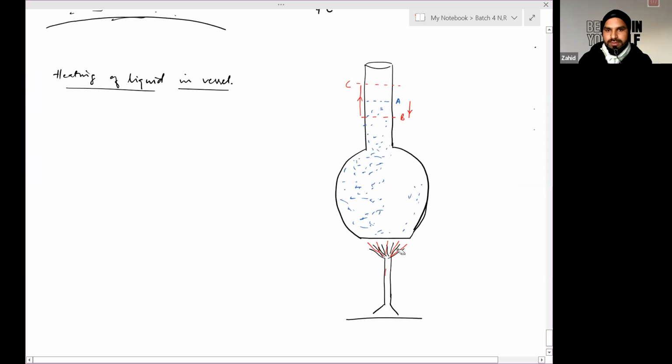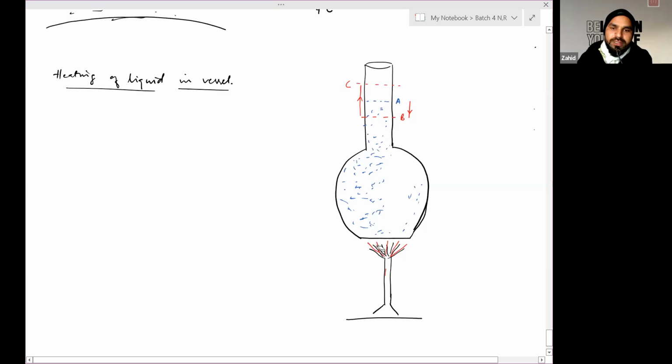In this part, on placing this entire system on this burner, the vessel will receive heat from the flame first, and on absorbing that heat, it expands. So the volume of the vessel will increase, which will tend to decrease the level of liquid in it.